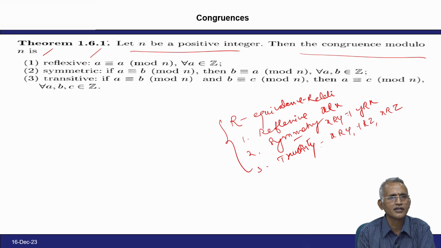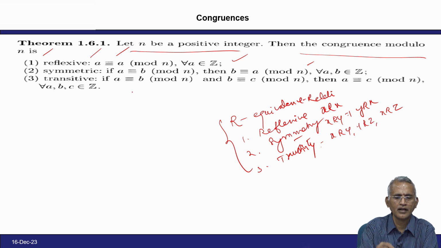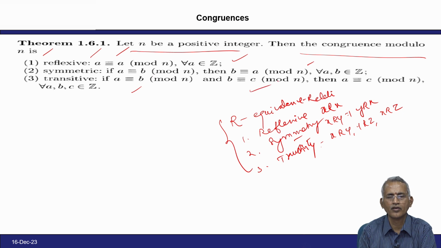In terms of congruences, a is congruent to a under modulo n for all a in Z. For symmetry, if a is identically equal to b under modulo n, then b is identically equal to a under modulo n for all a, b in Z. For transitivity, if a is identically equal to b under modulo n and b is identically equal to c under modulo n, obviously a is identically equal to c under modulo n for all a, b, c in Z. So, this is the statement of the theorem.